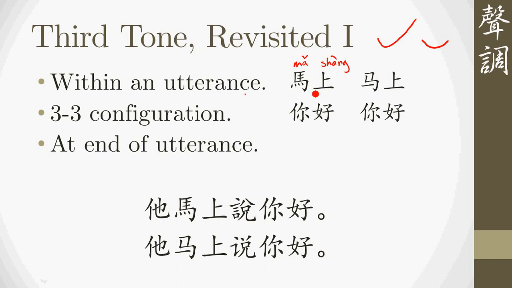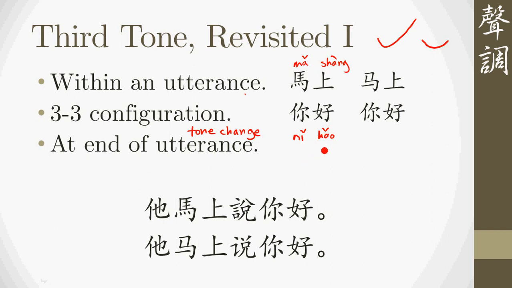Okay, next one is a very important rule. This is a tone change, and you will see this a lot because it happens every time you have two third tones in a row. So the most common instance is in the word for hello, which is 你好. Independently, each of the characters is 你 and 好.